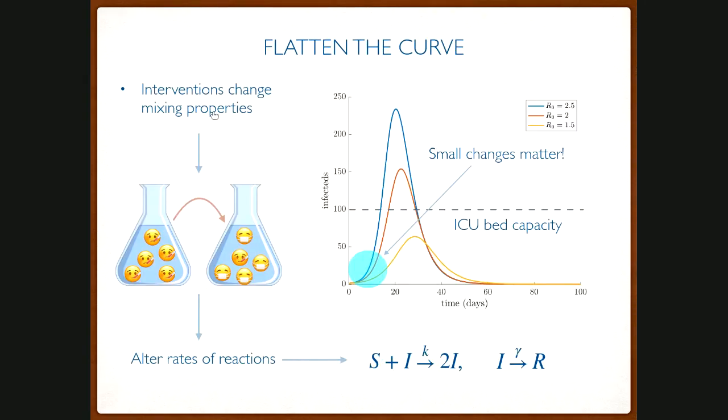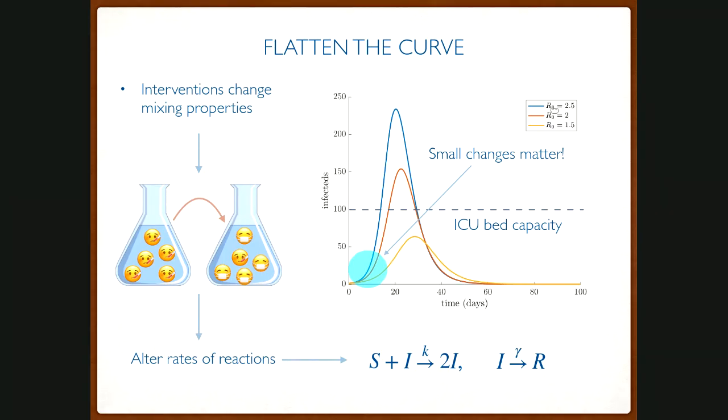And if we apply some intervention, what happens is we're trying to change the mixture within the infected compartment or beaker. So maybe we have some people taking on mask wearing, or doing social distancing or something like that. Whatever we enact here, the goal is to ensure that it alters the rate of the reactions when we mix together.